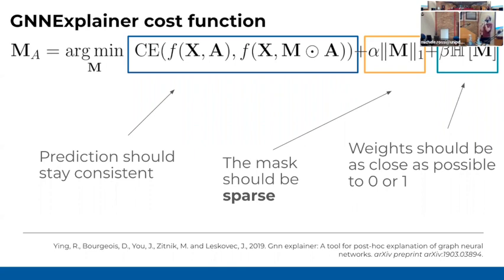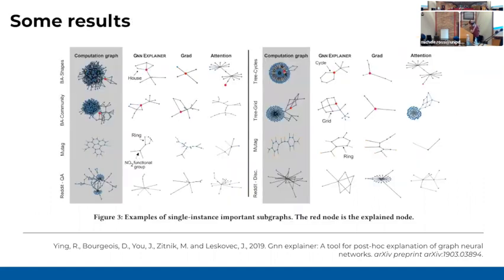You want to be as close as possible either to 0 or to 1, and you can do that by also regularizing the entropy of the mask. This is easy to do. You write out the optimization problem, you can use Adam or any other optimization algorithm, you run a few loops, and you get the mask and you visualize it.